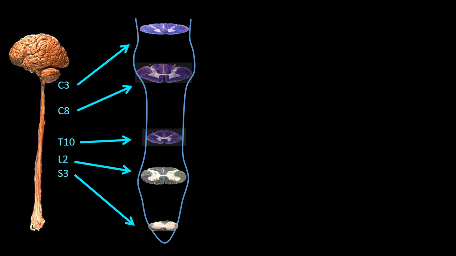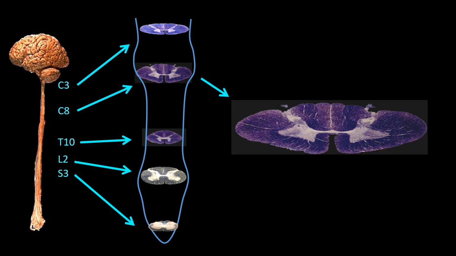The spine, here represented in a specimen and now illustrated to show its variations at different spinal levels. In this frame, I have selected one segment, C8, to provide an overview of the structures and pathway tested during sensory examination.